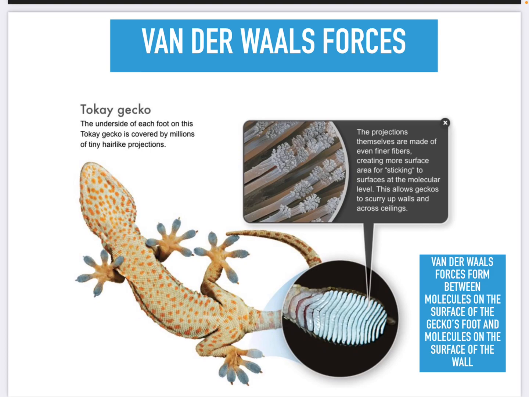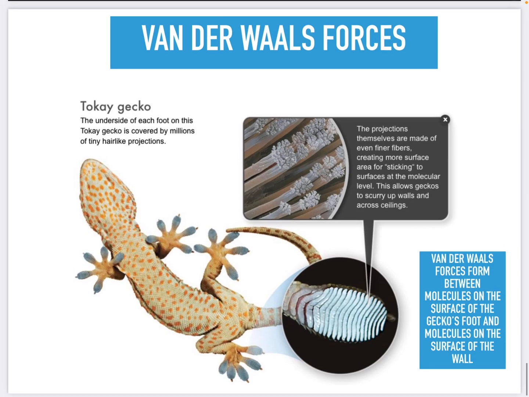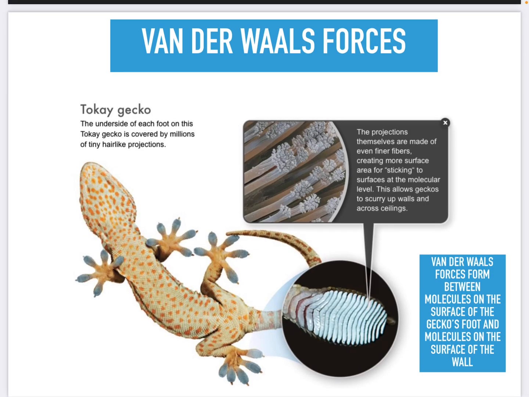This allows the gecko to scurry up the wall and across the ceiling. These little forces that hold the wall or glass to the foot of the gecko are known as van der Waals forces. And that's it for section 2-1.